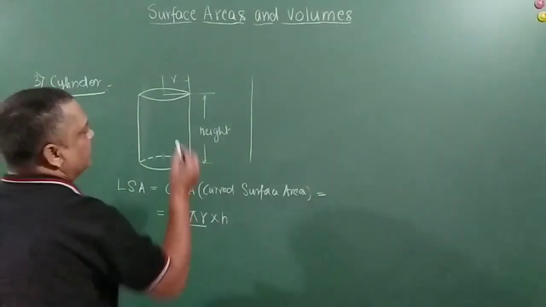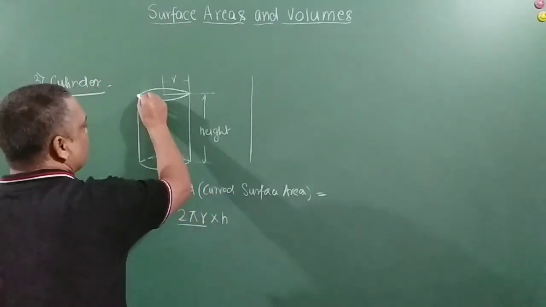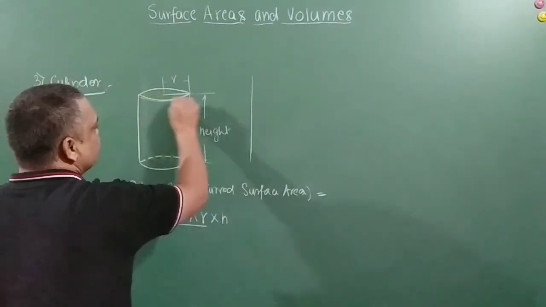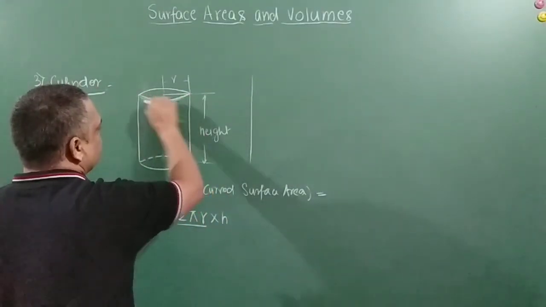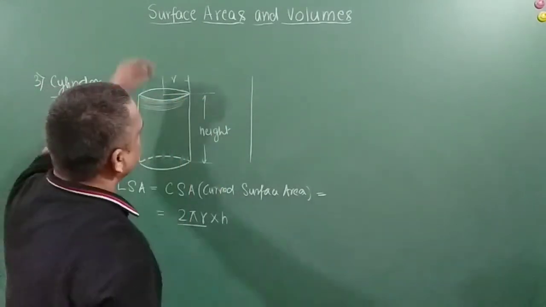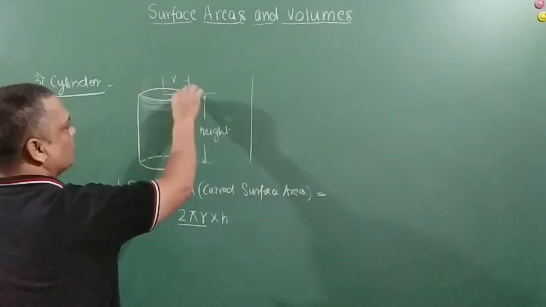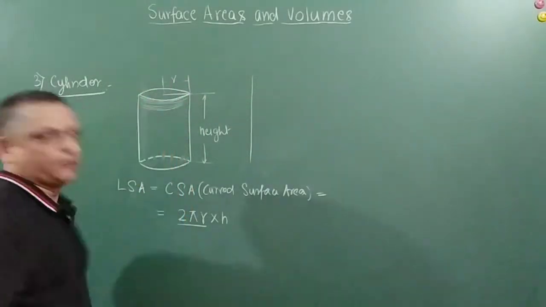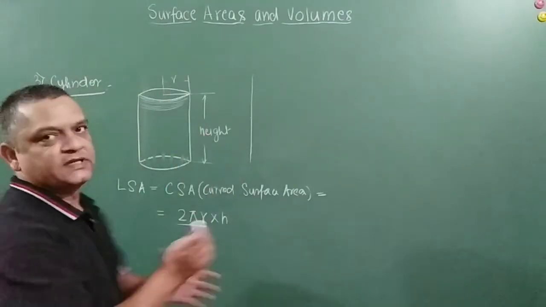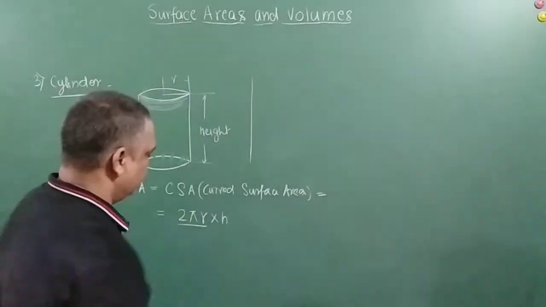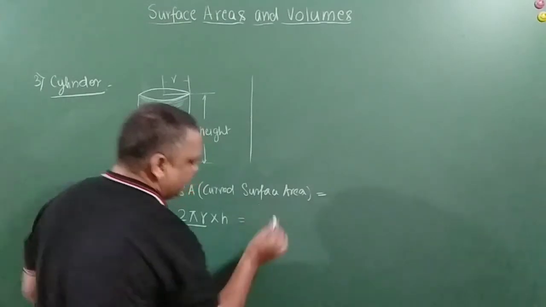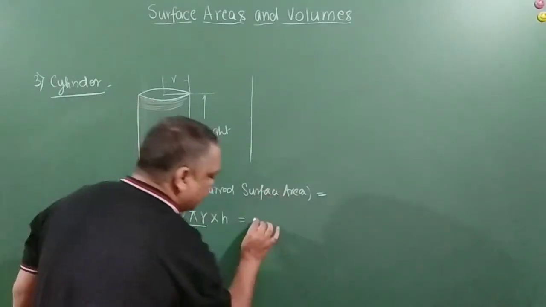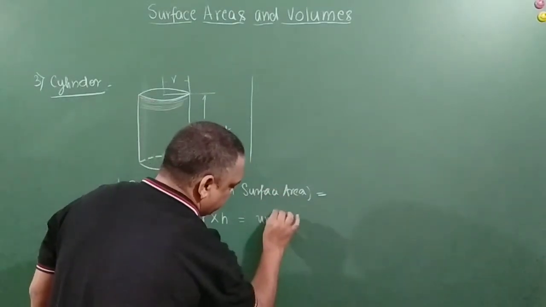For better understanding, you can assume this to be all lines, like this. So what happens is, first you go round, next step you go round till the time you reach the bottom, and that is all the surface area. Correct? So 2 pi rh, again since it is an area, it will be in unit square.